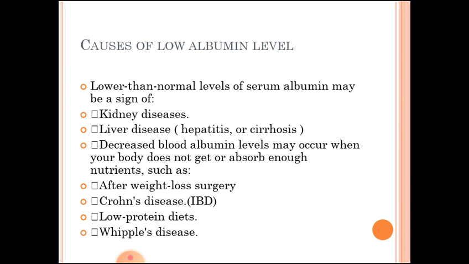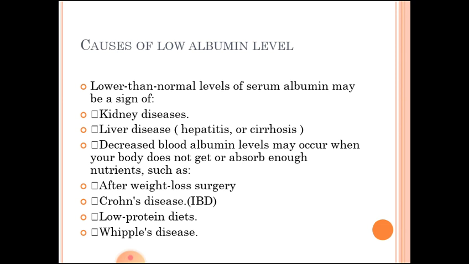The normal range of serum albumin is 3.5 to 5.5 gram per deciliter. So when the albumin becomes lower, less than 3.5 gram per deciliter, this may be a sign of kidney disease or liver disease.